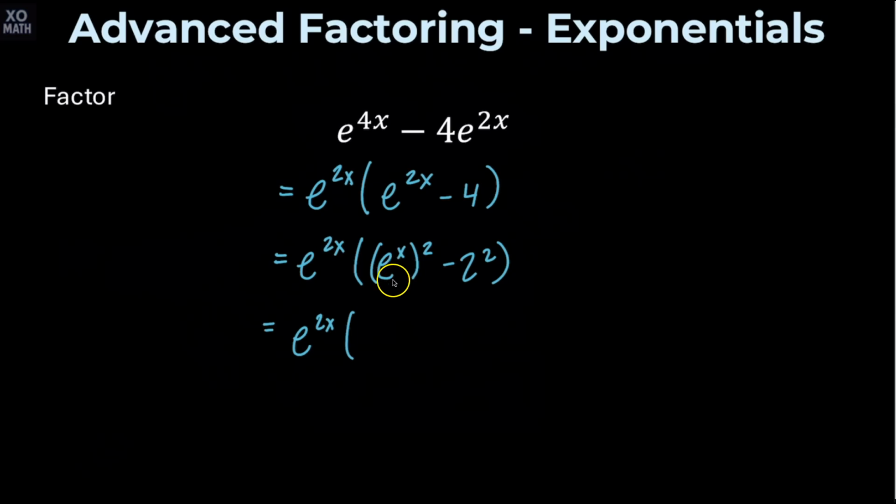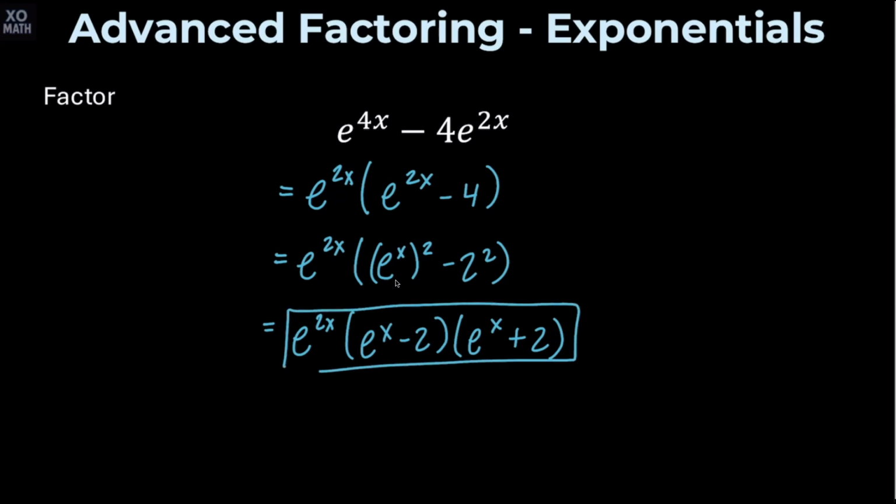If I have something squared minus something squared, it's going to factor to that first thing, e to the x, minus the second thing, so e to the x minus 2, and then those same terms added together, e to the x plus 2. And now it can't be factored any further. So we have our factorization.